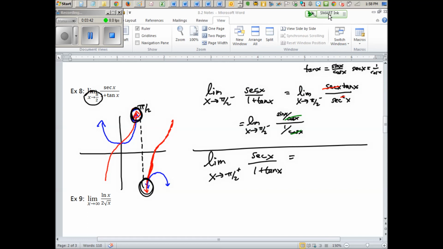All right? So in a limits problem, we do cross things out algebraically whenever we can. And this gives me the very simple question: what happens to sine x when I get close to pi over 2 from the left? Well, it goes to 1.